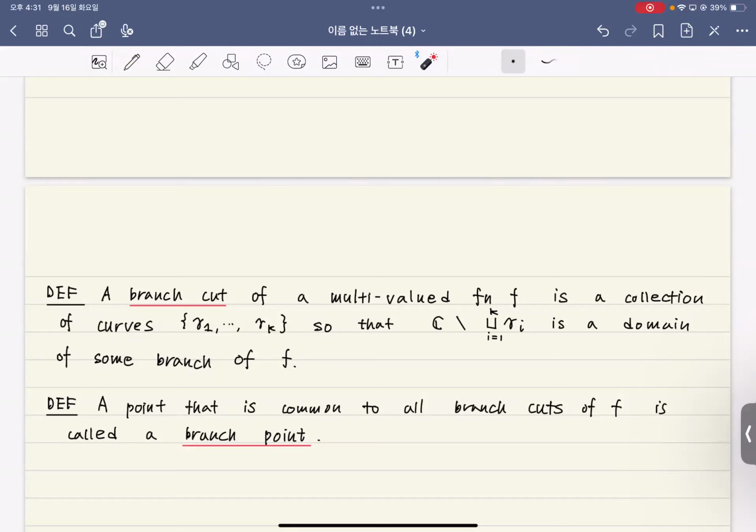It's because any branch cut must contain the origin, right?